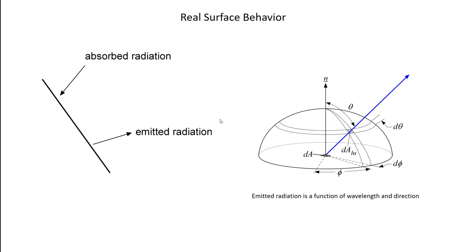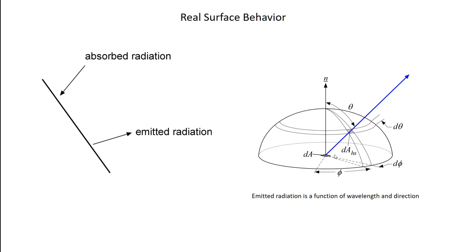So direction for a surface is typically specified in terms of these spherical coordinates, right? So we have the first spherical coordinate being the angle measured from the normal, which we call theta. Theta equals 0 is straight up. Theta equals 90 degrees is sort of at a glancing angle.